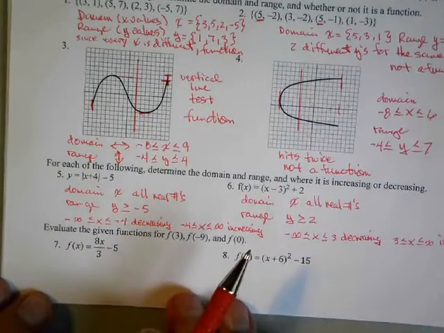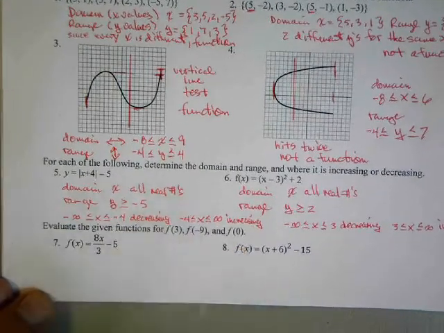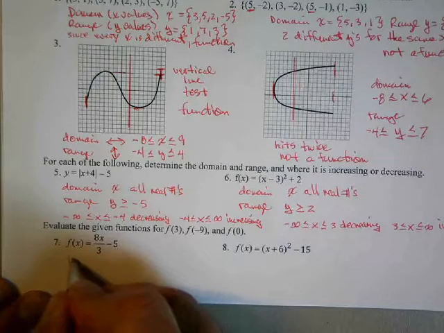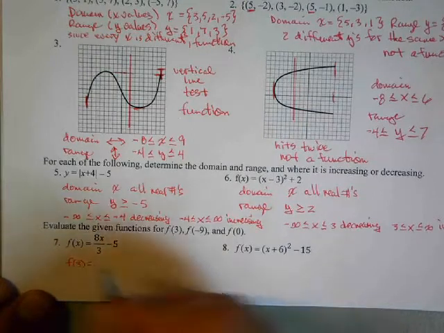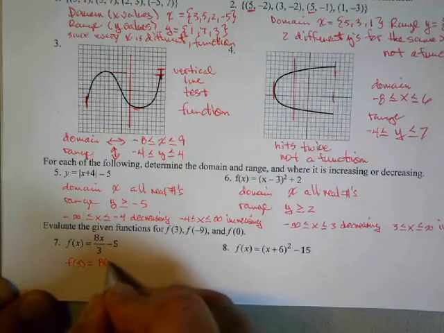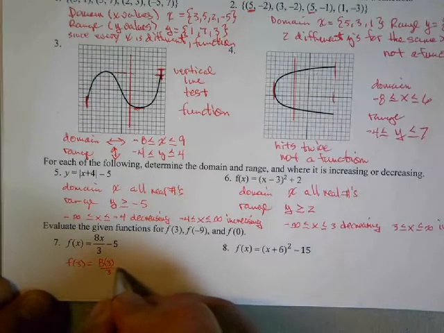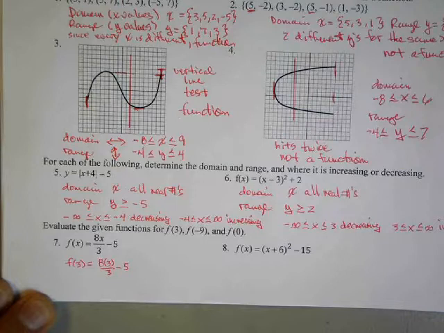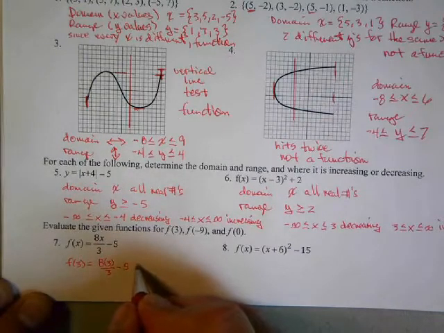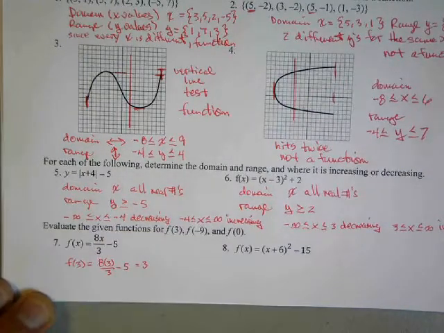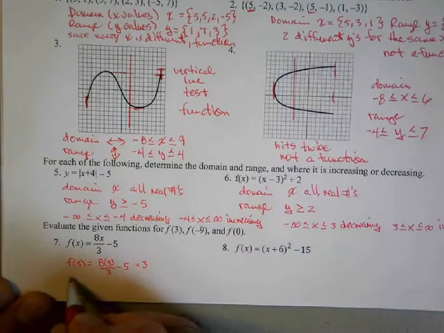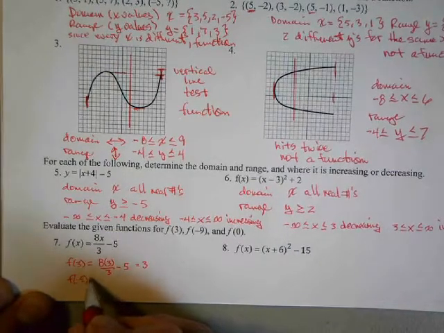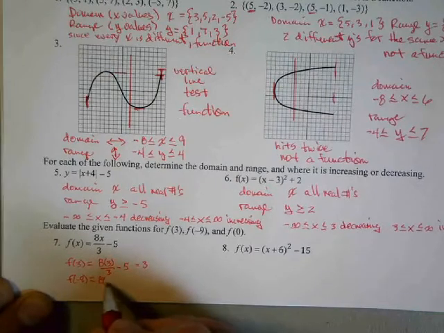So f of 3 is 8 times 3 over 3 minus 5, which of course 3 over 3 cancels, so it's 8 minus 5, which would just be 3. And then f of -9 equals 8 times -9 over 3 minus 5.